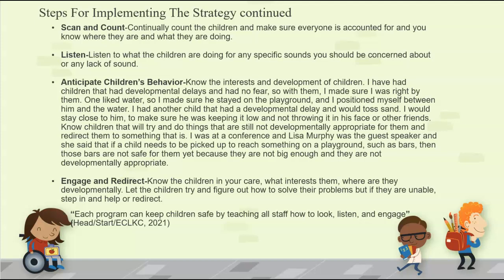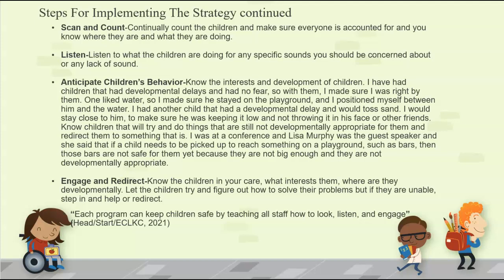I had other children that, because of their developmental delay, liked to toss sand the whole time we were at a sandbox. So I would always make sure I was really close to them, that they were trying to keep the sand low, and I would keep telling them to keep the sand low and be careful of tossing it at their friends.